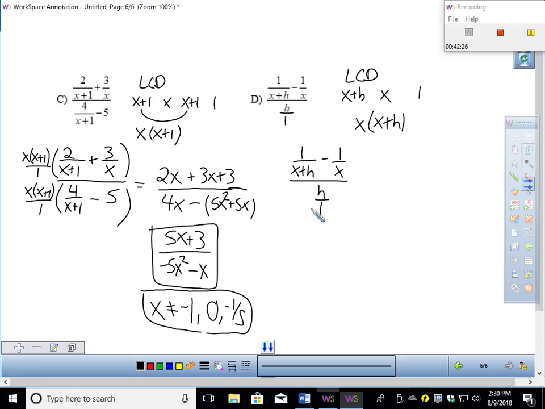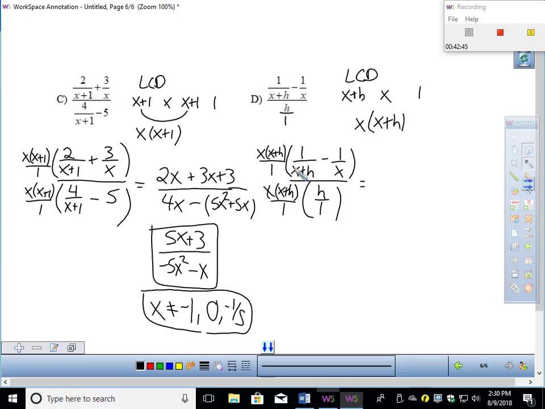I think it's helpful here to throw that over 1, but if you don't like that, don't bother. Okay, numerator, denominator, LCD's coming out. Let's see, x and x plus h. All right, equals. Let's see what you get.